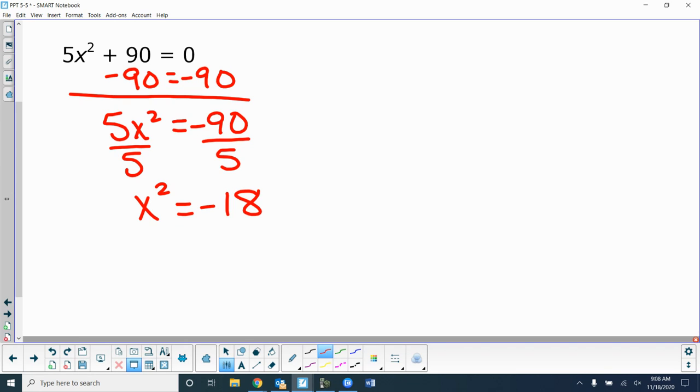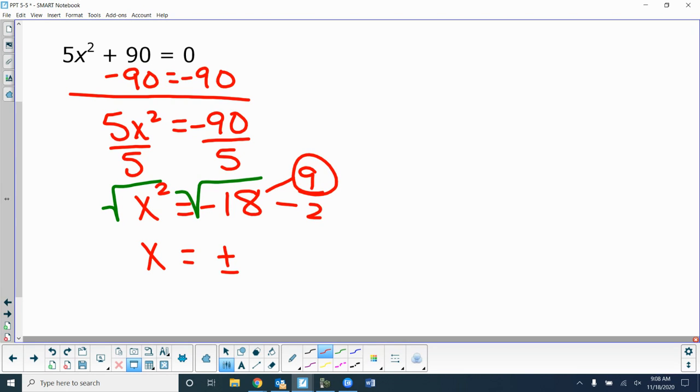Square root. We'll just do a different color so you realize what symbol we got to remember. Plus or minus. What comes out front? 3i radical 2. That making sense?